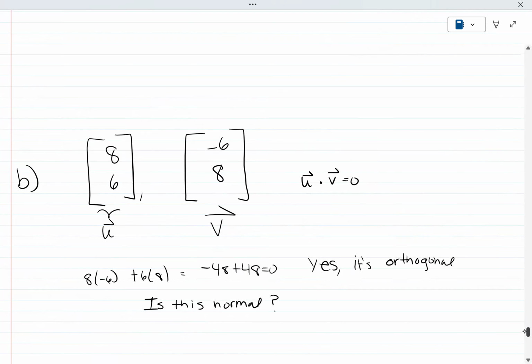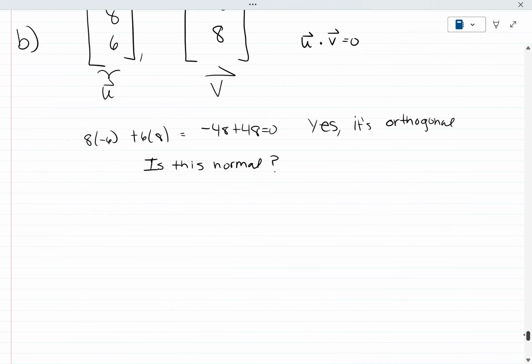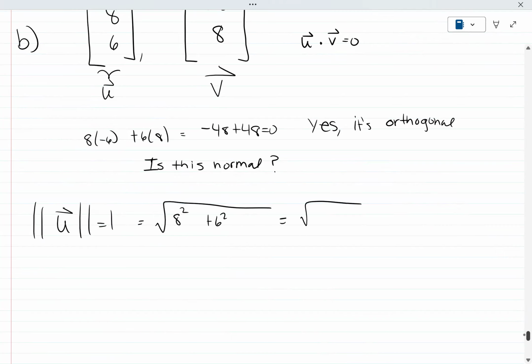What that means is the magnitude of vector u must give you 1. So is that true? That's going to be the square root of 8 squared plus 6 squared, equals the square root of 100, which equals 10.